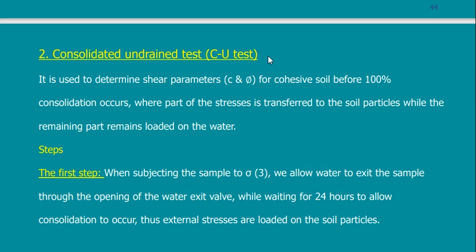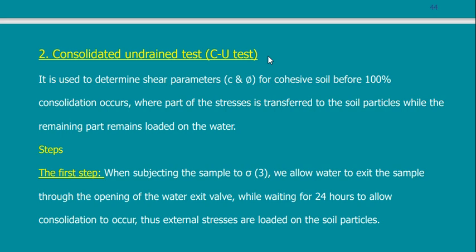It means that water was allowed to leave in the first stage of the test, which is the stage of the confining pressure of the water surrounding the sample. So I allow water to go inside, and the sample, I allow it to consolidate. Water is going to leave the sample.